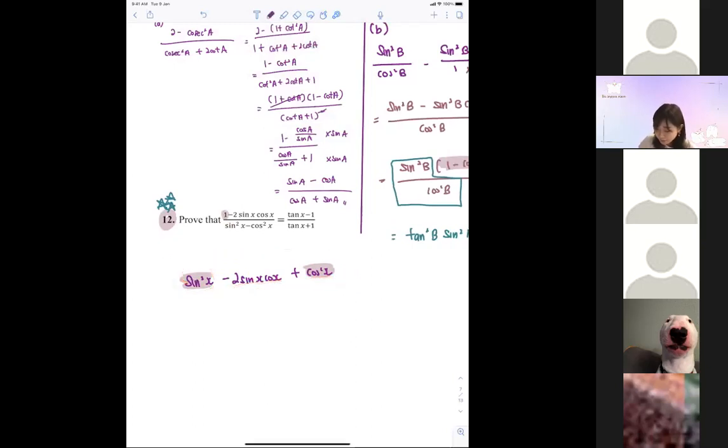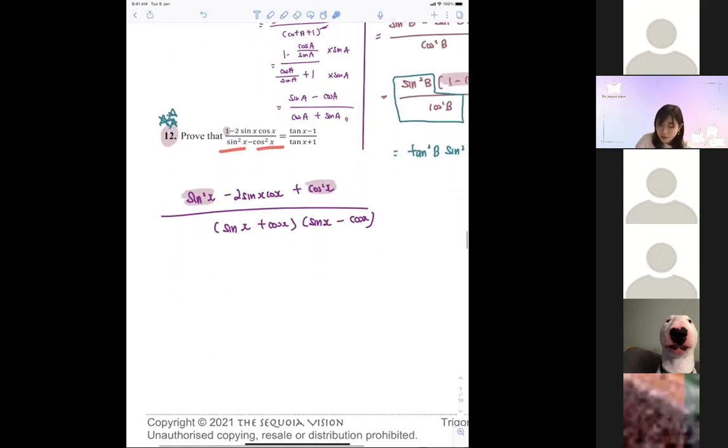Then at the bottom is a plus b, a minus b, so you got your a square minus b square. At the top, you have a square minus 2ab plus b square.